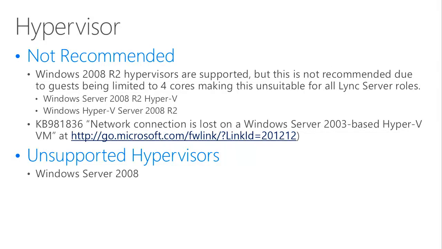It's supported but not recommended because of the virtual core CPU limitation of 4. You can't get the full utilization for Lync Server. There's also a networking connection issue, and there's a knowledge base article with an update that you need to download, so there's some additional work there. What's not supported is Windows Server 2008.